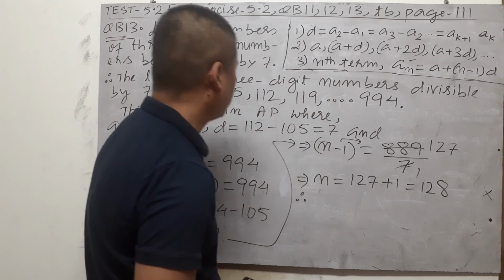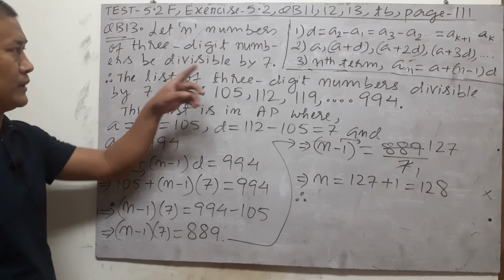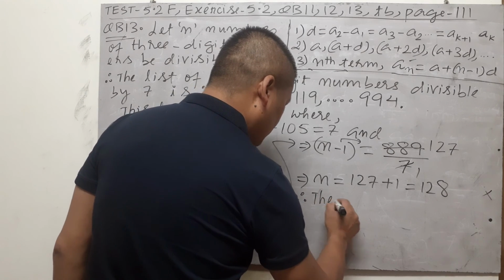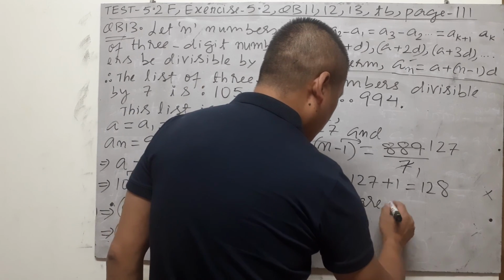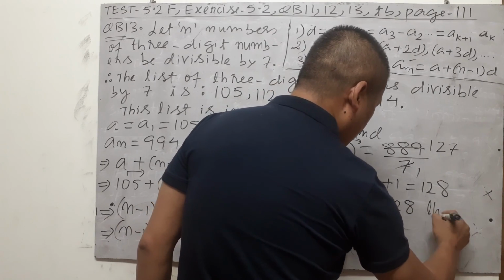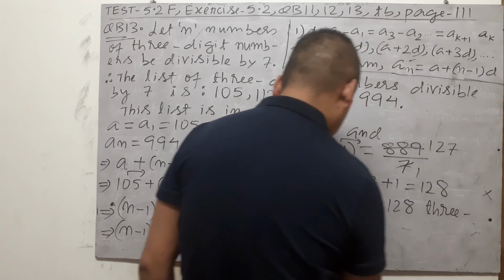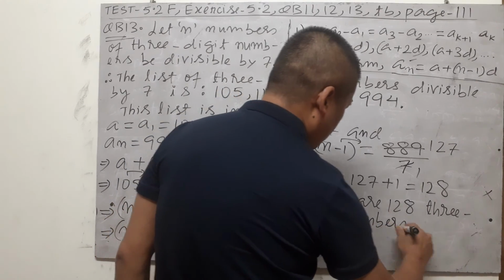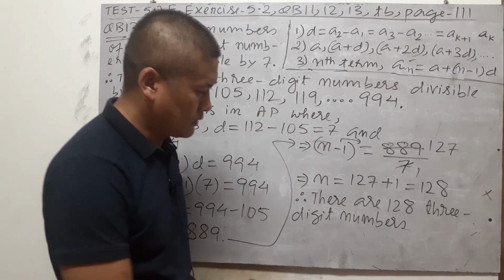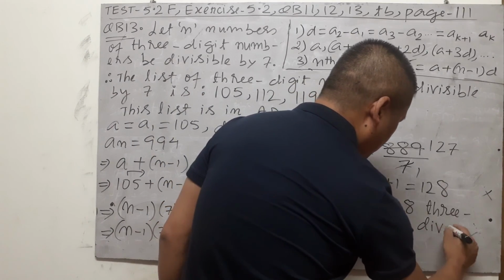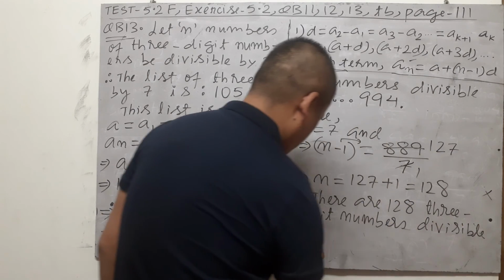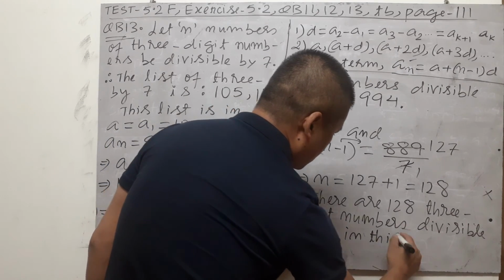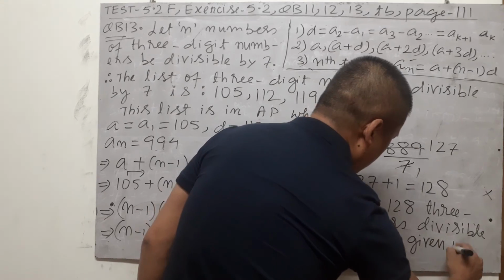So how many 3-digit numbers are divisible by 7? We wrote n. So n is 128, which means there are 128 3-digit numbers divisible by 7 in this given AP.